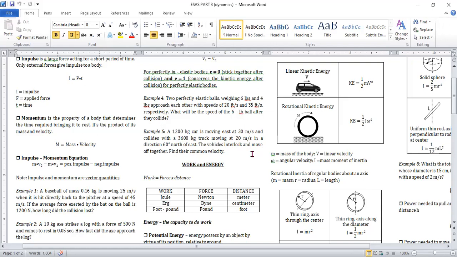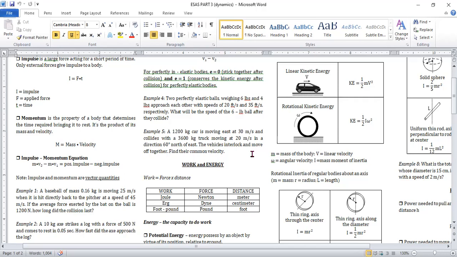The vehicles interlock and move off together, which means that after the collision, the two vehicles are stuck with each other. We are asked to calculate for the common velocity.